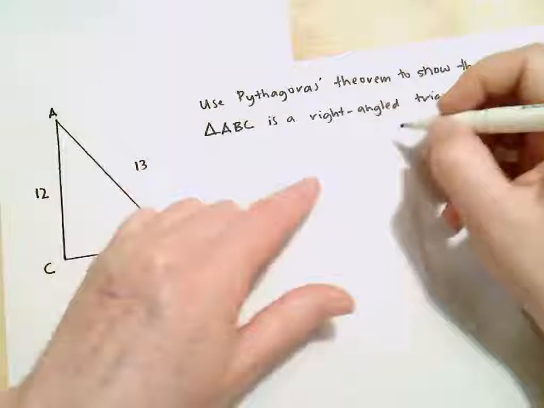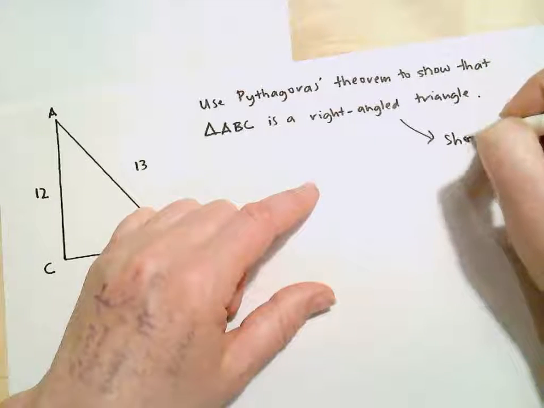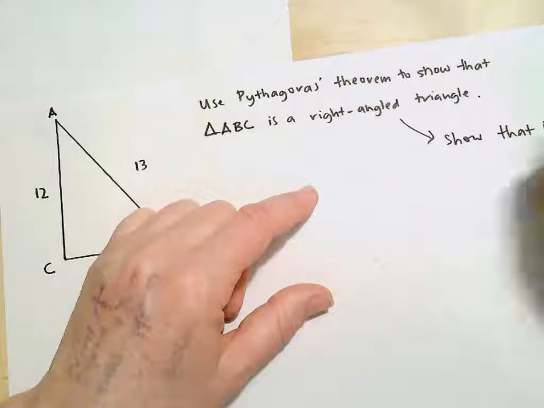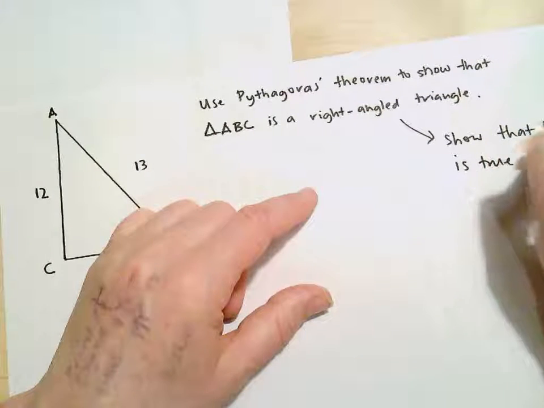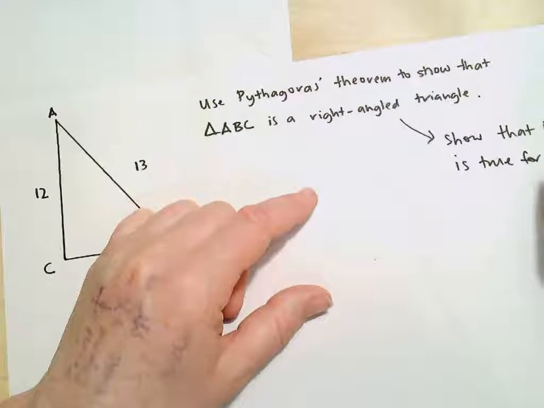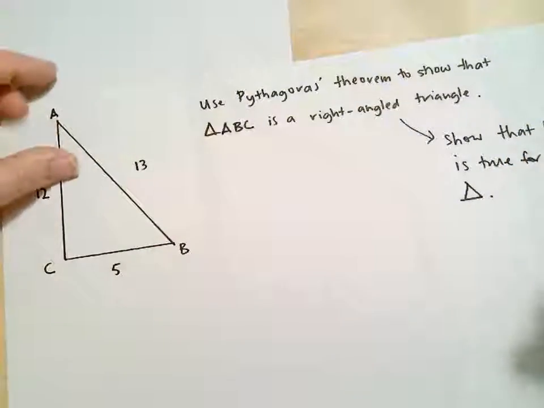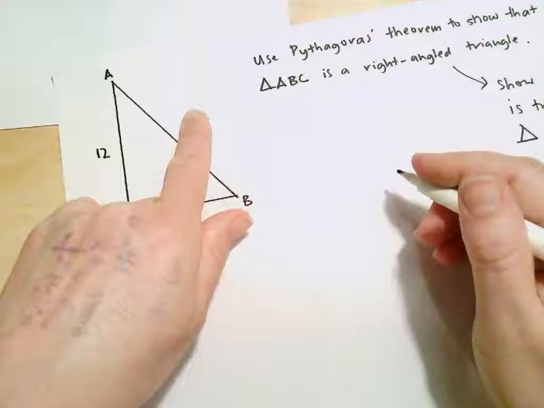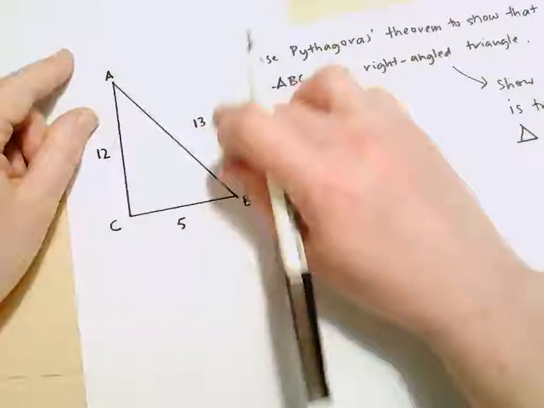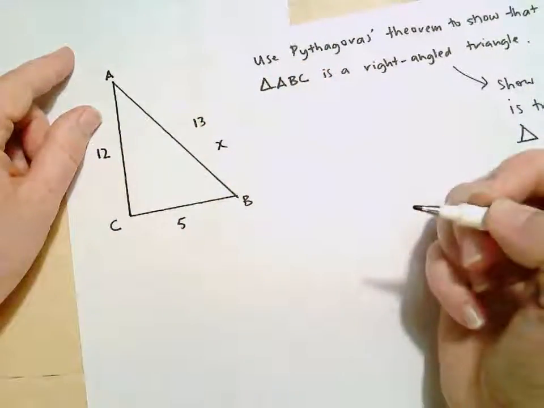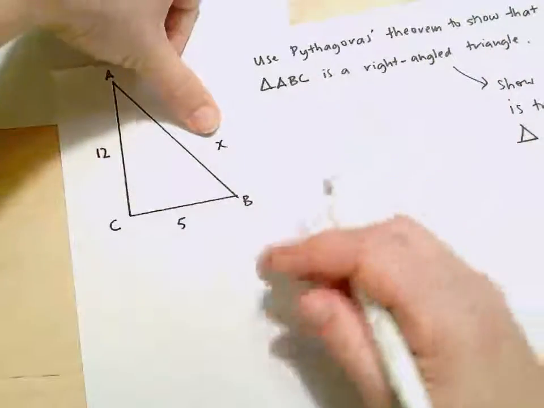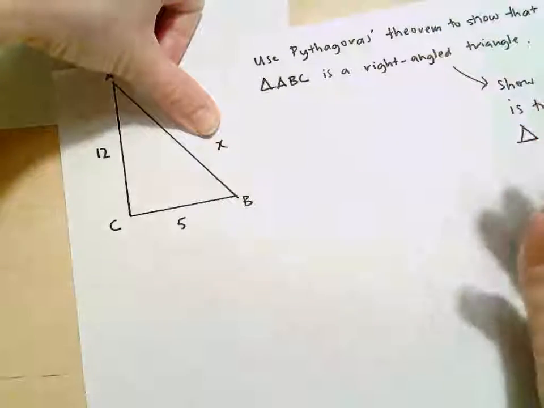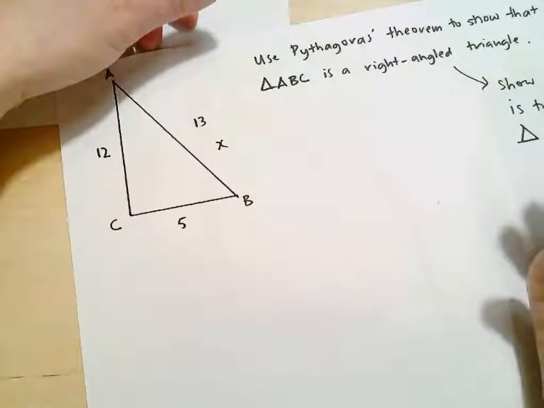So this question is really asking you to show that Pythagoras' theorem is true for this triangle. So really what you're asked to do here is pretend that you didn't have this side here. I'd pretend that that was your X. Then you're going to work it out from these two and check that it's 13. And if it is 13, you've shown that it was true.